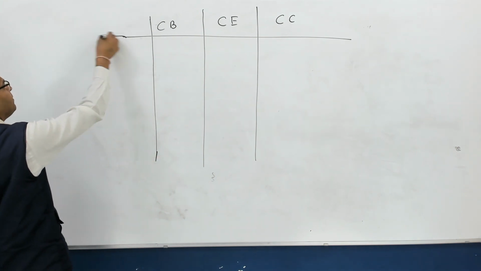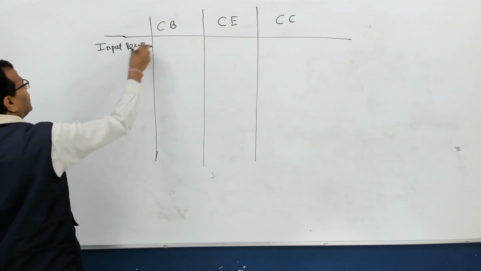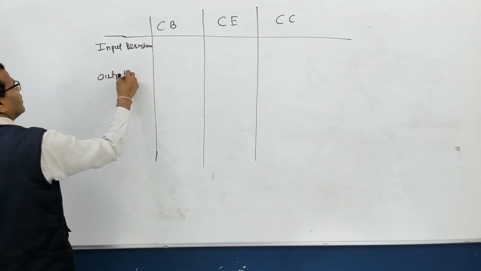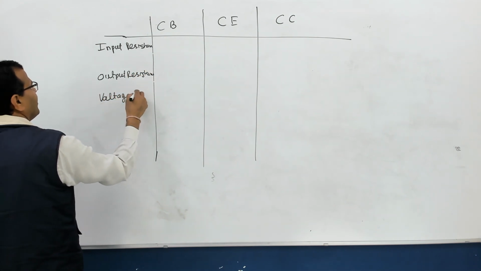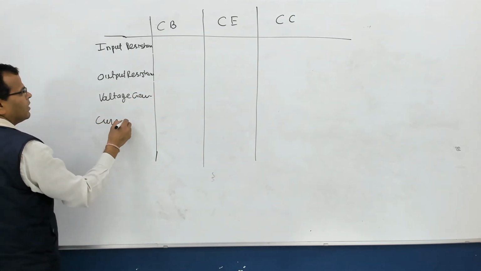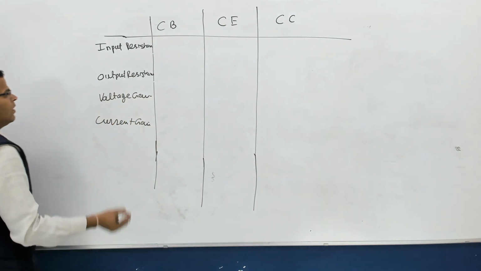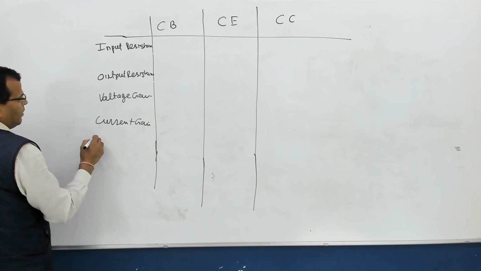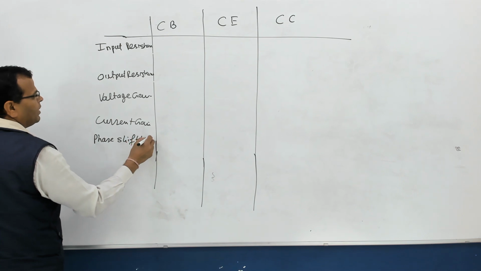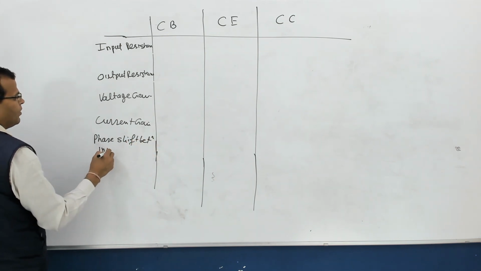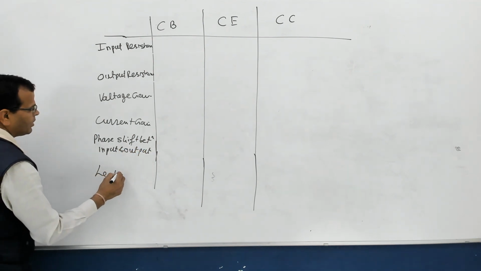I'll be talking about input resistance, then output resistance, then voltage gain, then current gain, next point, phase shift between input and output, then leakage current.